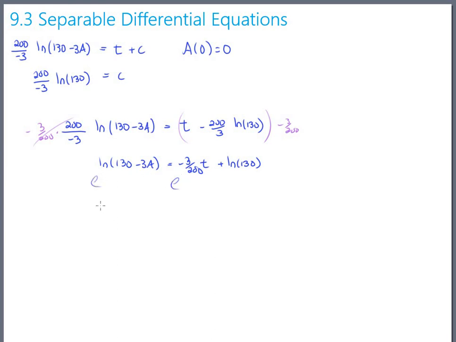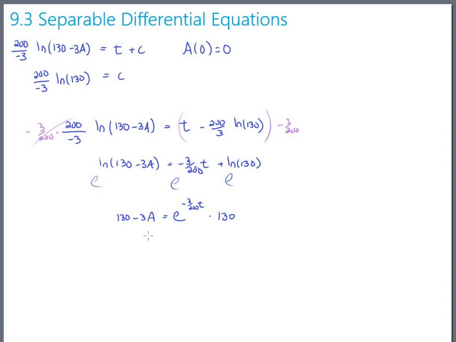We do need to exponentiate both sides now. E. So 130 minus 3A equals E to the -3/200 t, and then this would also be E to the natural log of 130, so that would change into a multiple times 130.